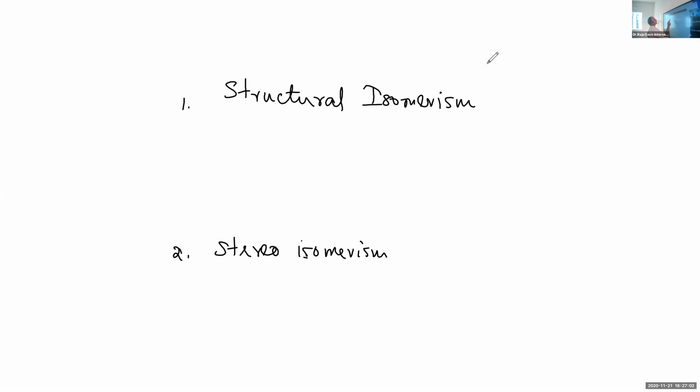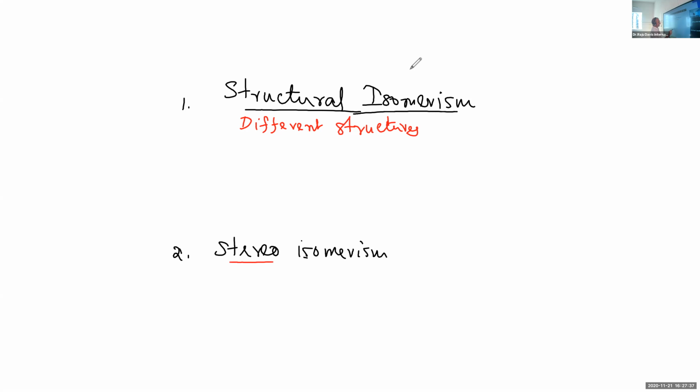Let us see what's meant by structural isomerism. Here, the isomers have the same molecular formula, no doubt, but they have different structures. Same molecular formula, but the structures will be different. And that isomerism is called structural isomerism.